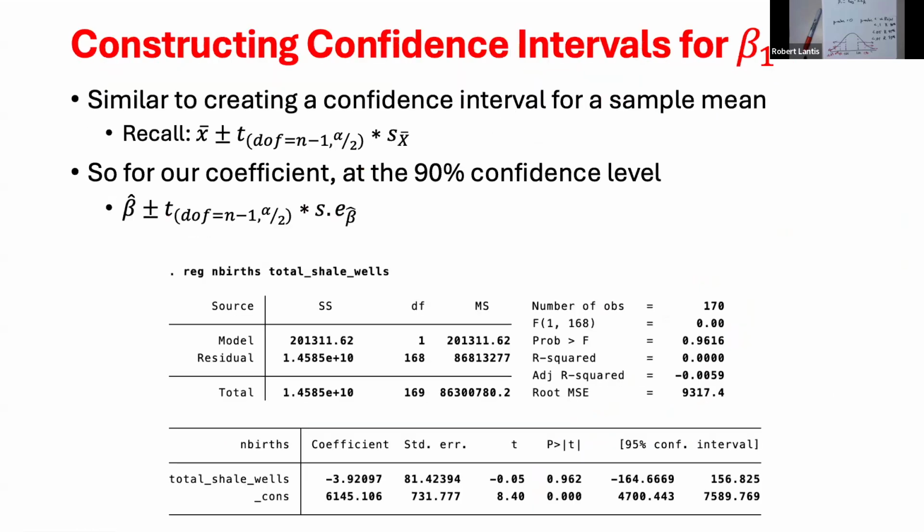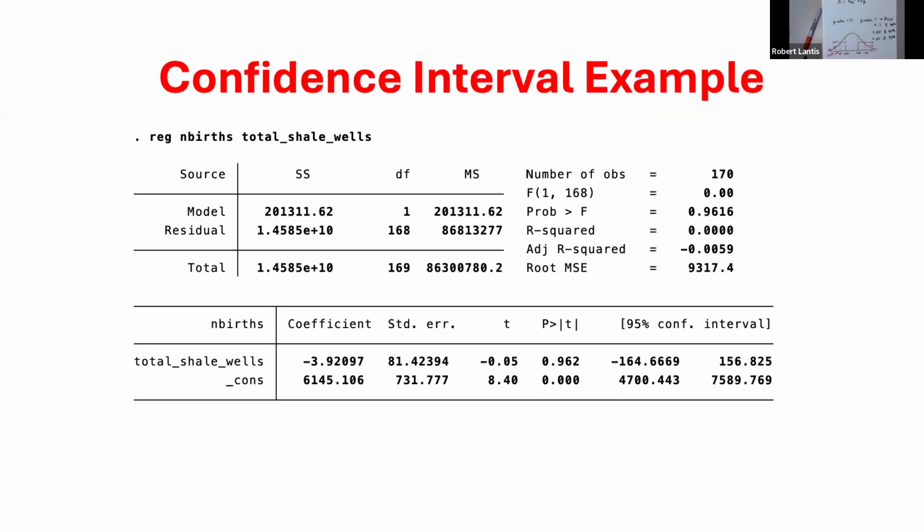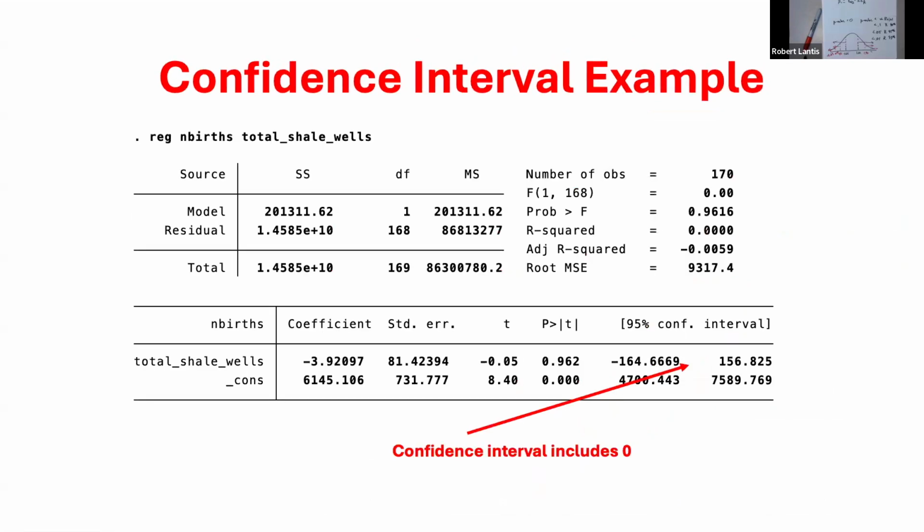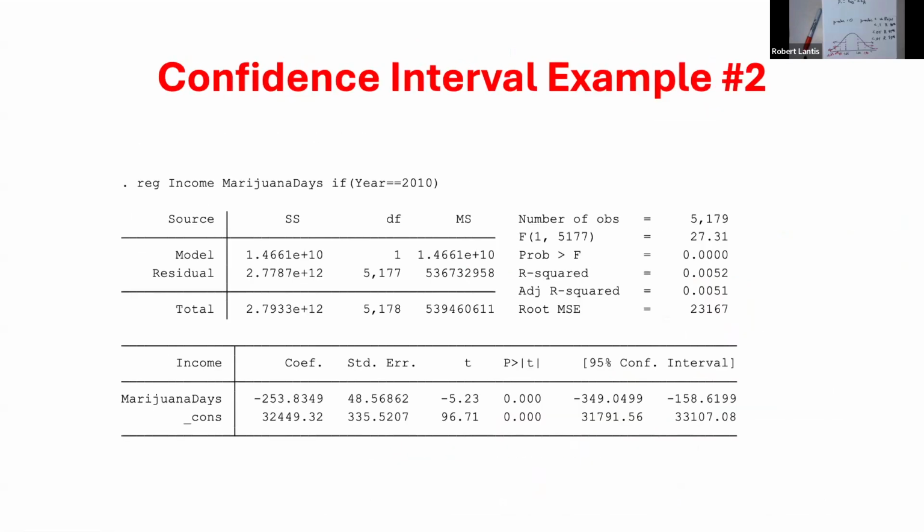So those are two examples, thinking about how we use confidence intervals as well as do hypothesis testing. So here, my interval includes 0, so I fail to reject. Okay. This one didn't include 0, so I could reject that assumed true value of 0 or that there was no relationship.